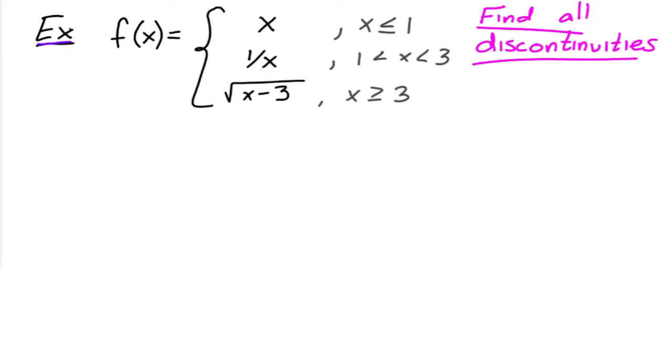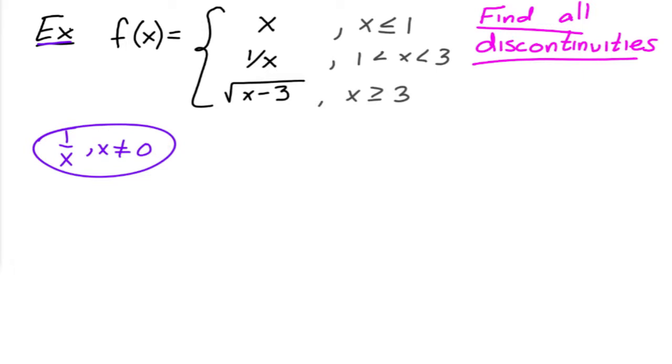So what you want to do is look at first each function individually and see if they have any discontinuity. For example, you know that for 1 over x, x can't equal 0 here because that would make this undefined. And if you remember the graph of 1 over x, this would be an infinite discontinuity.